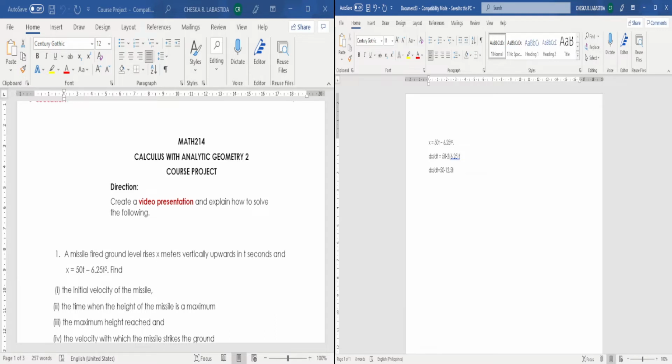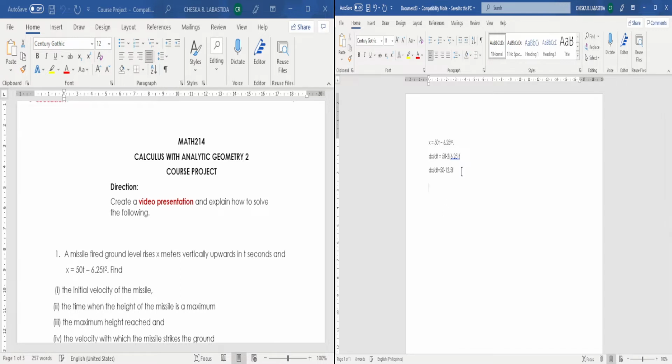So to find the initial velocity, time is equal to 0, we must insert this value of time into the derivative of the function. Hence, the initial velocity is 50 meters per second.